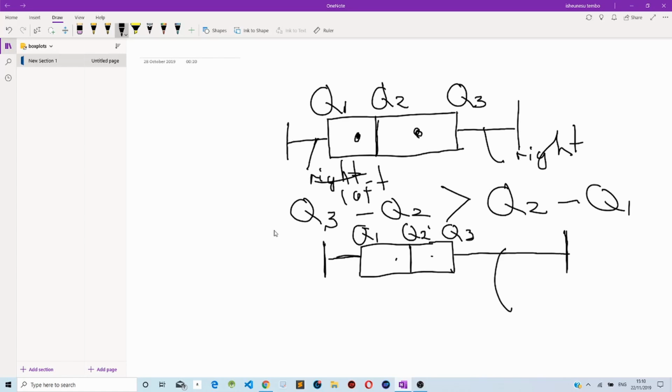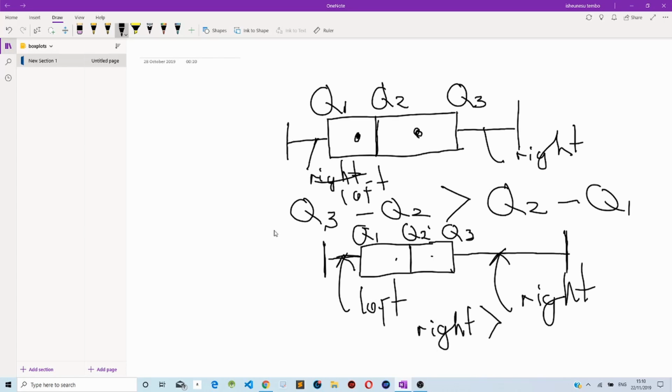But the length of the whisker on the right side is greater than the length of the whisker on the left side. So this is also a positively skewed box plot. So the right whisker is greater than the left whisker.